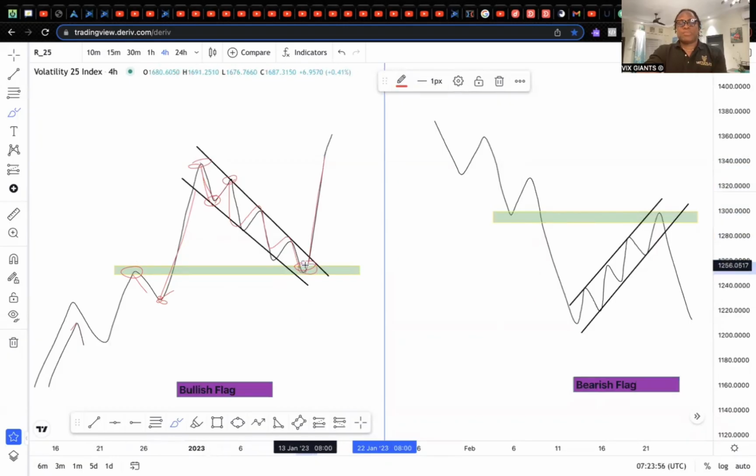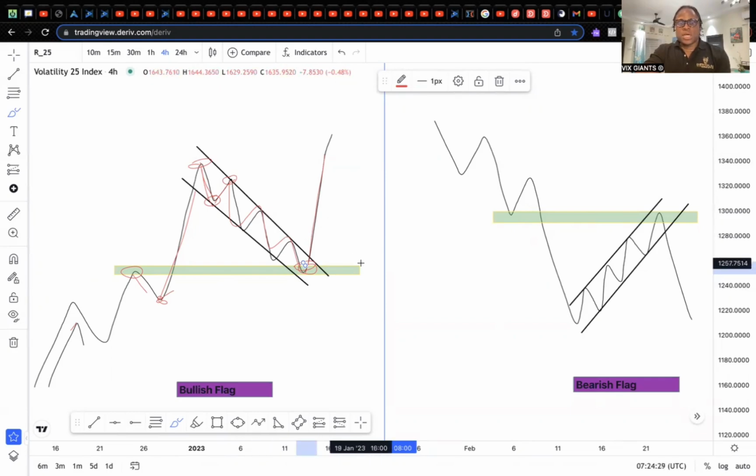Now it's possible that price pulls back to here and potentially forms support for price to continue in its original trend, right? So this type of movement gives us the flag pattern, and we normally look to buy when we see this type of pattern in the market. We look for buying opportunities, right?